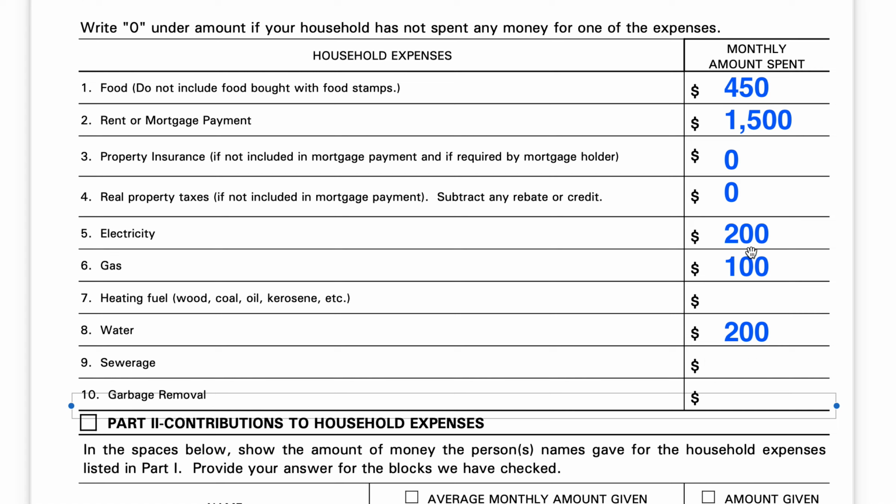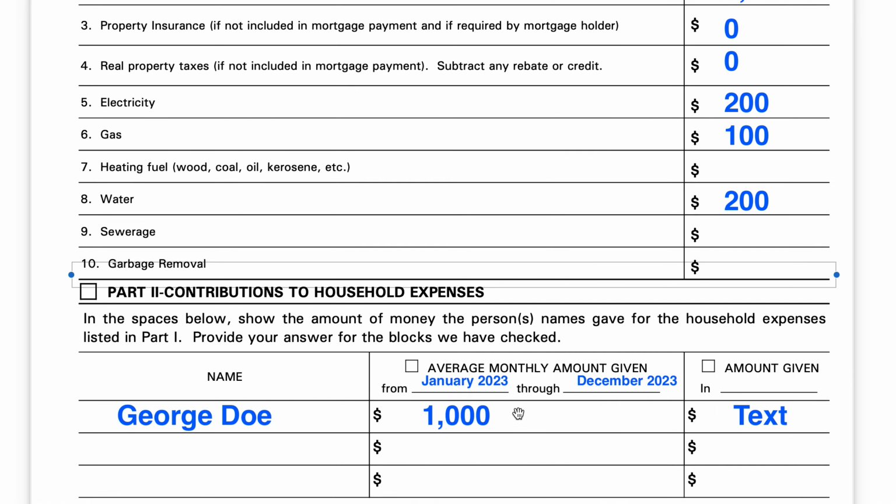And again, we had 500, 950, call it 2450 in monthly household expenses. George Doe contributes $1,000 a month, and then they have the information to develop this case so that they can make a determination as to whether or not George Doe is paying his fair share.